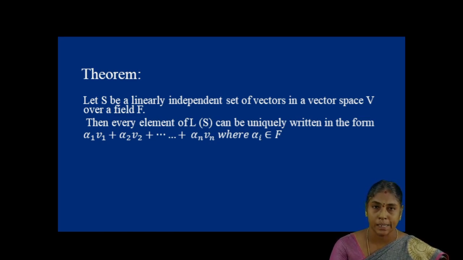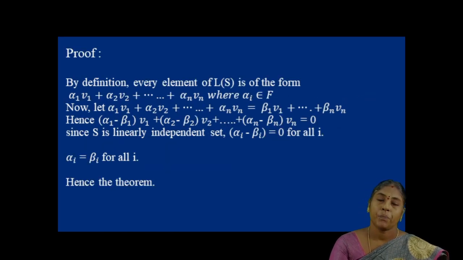Now, in this theorem, S is given as a linearly independent set of vectors over a field F. We have to prove that every element of L of S, that is the linear span, can be uniquely written as alpha 1 v1 plus alpha 2 v2 plus etc. plus alpha n vn, where each alpha belongs to F. Now, by the definition of L of S, each and every element will be a linear combination.